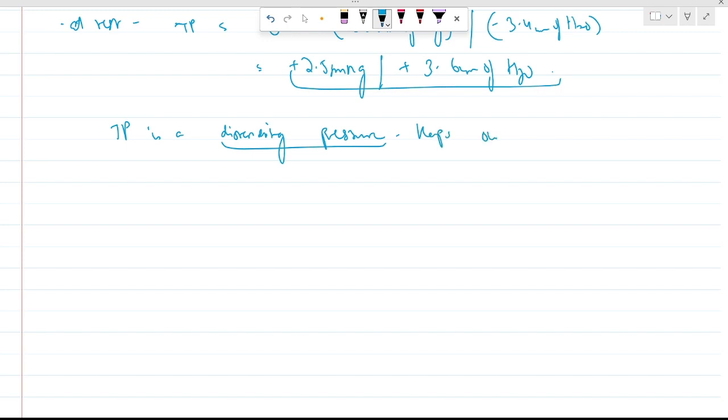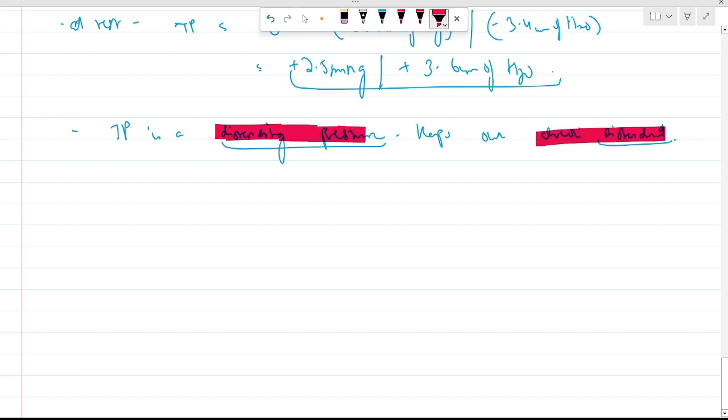It keeps our alveoli distended or expanded. It does not allow the alveoli to collapse. So the transpulmonary pressure is a distending pressure. Very important fact to be remembered here. Distending pressure keeps our alveoli distended.